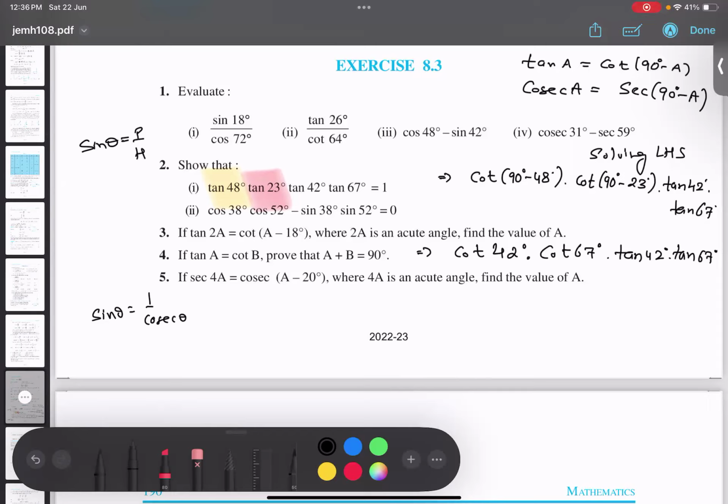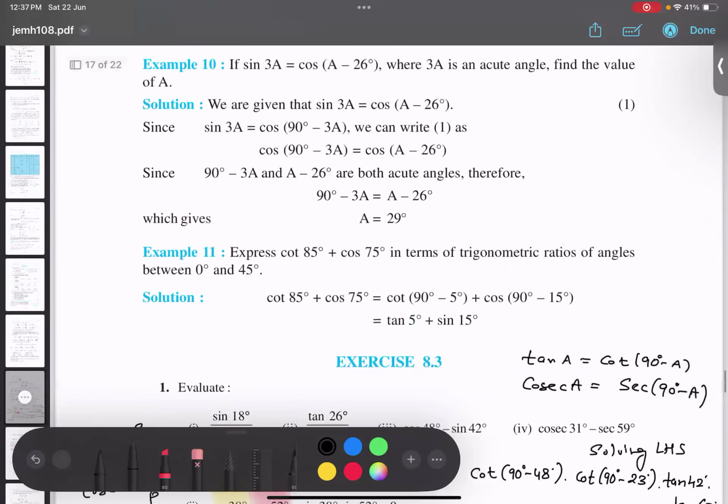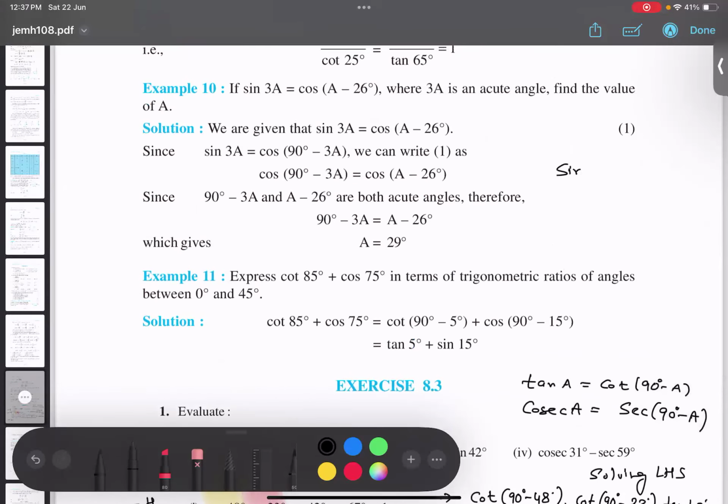And cosec theta is equal to H upon P. Yes or no? So we have learned those formulas: sine, cos, tan, cosec, sec, cot.